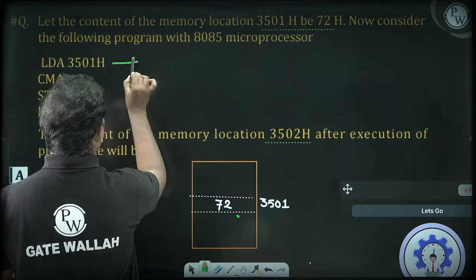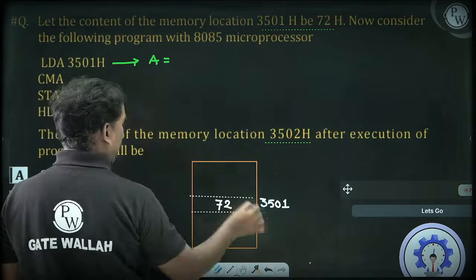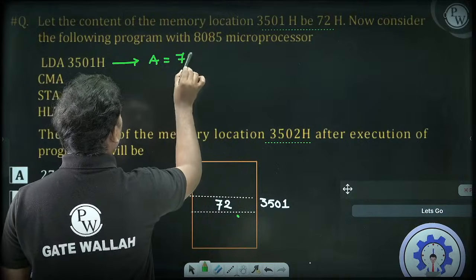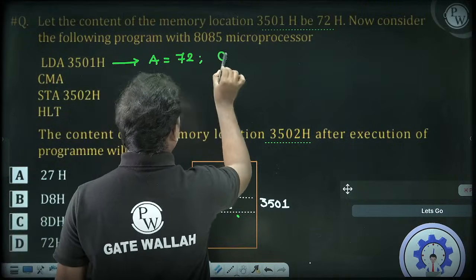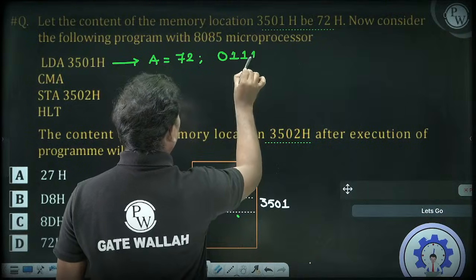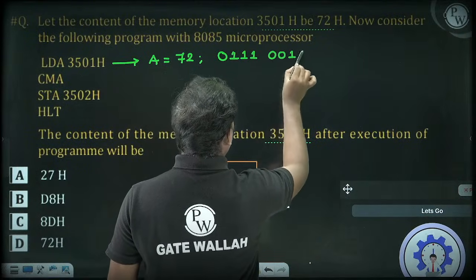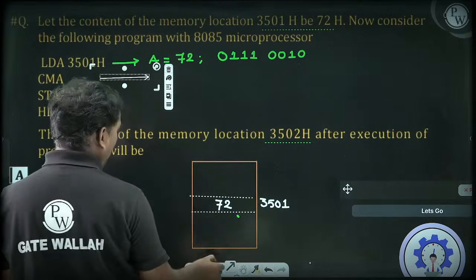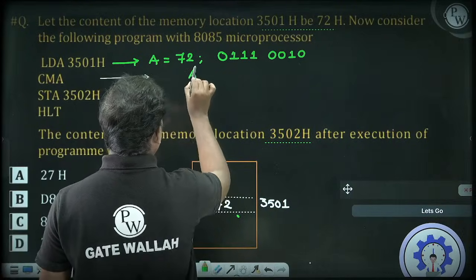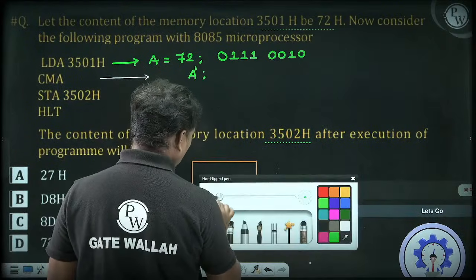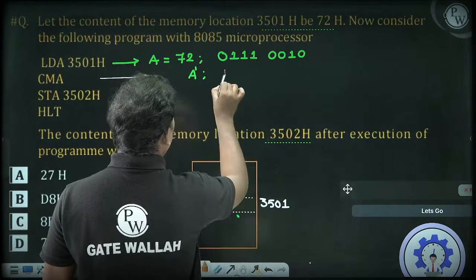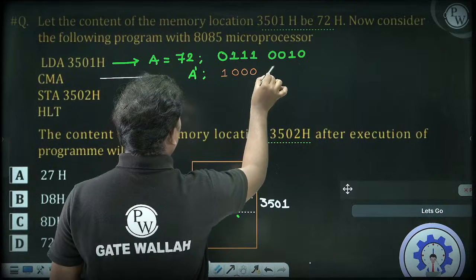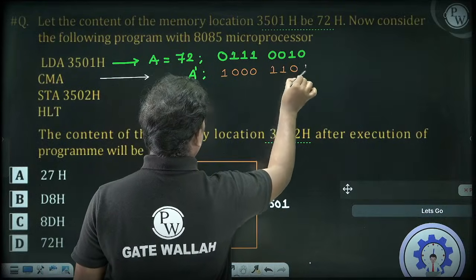So the accumulator is equal to 72H, that means it will be 0 1 1 1 0 0 1 0. Next, complement accumulator. So A dash, if you complement, this is 1 0 0 0 1 1 0 1.